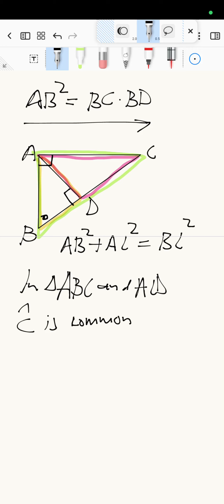Then we also know that angle A is 90, this is given.